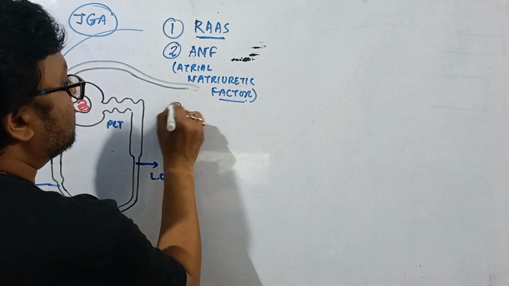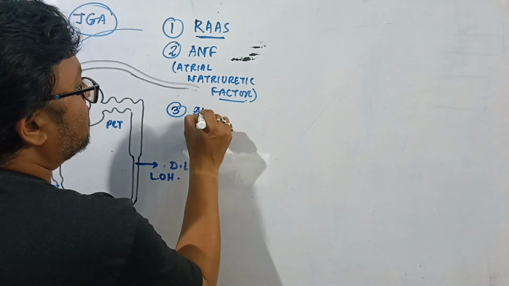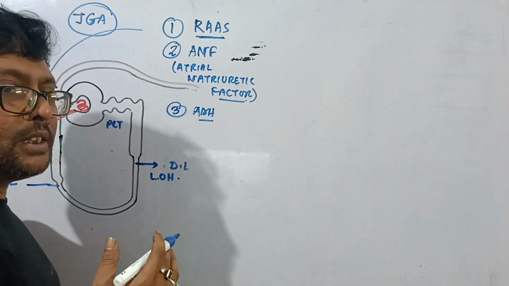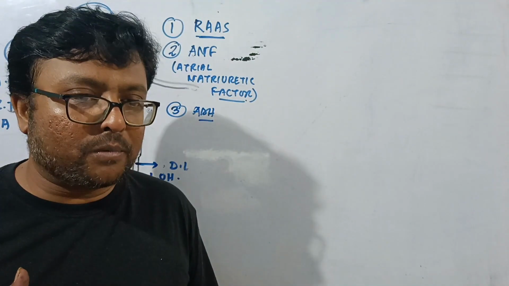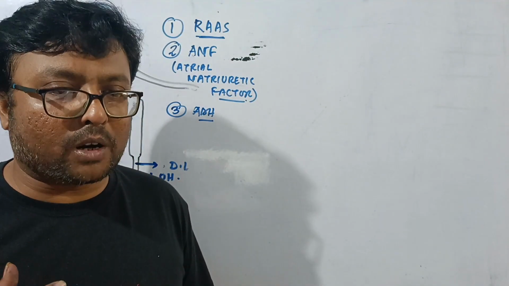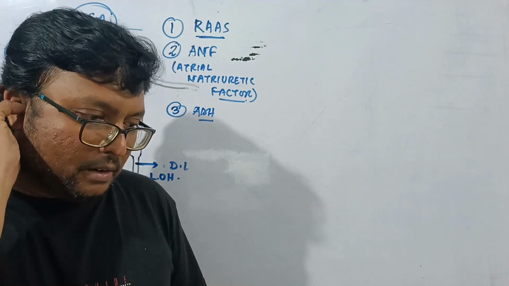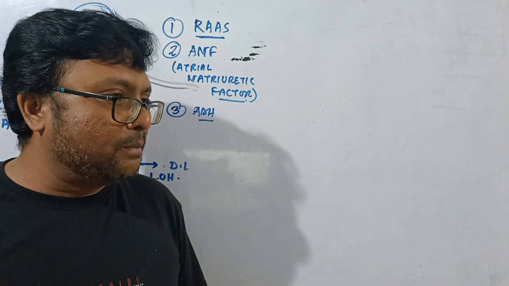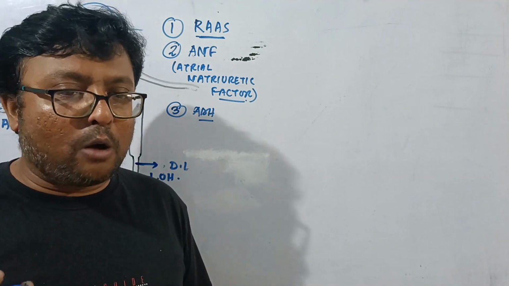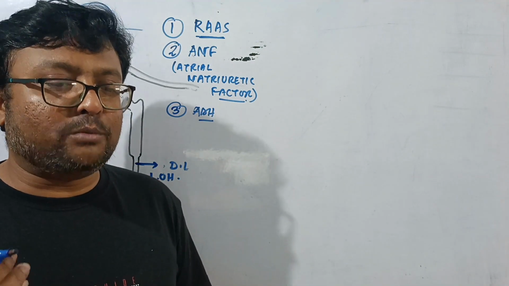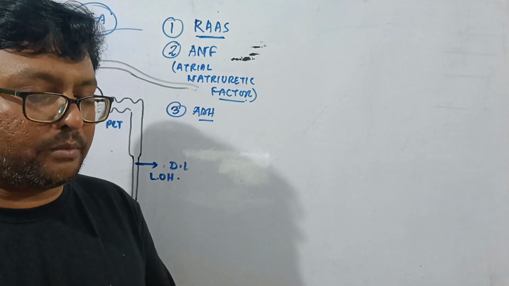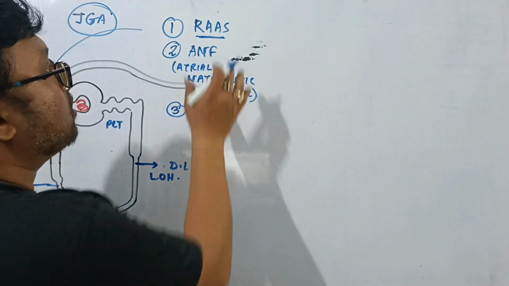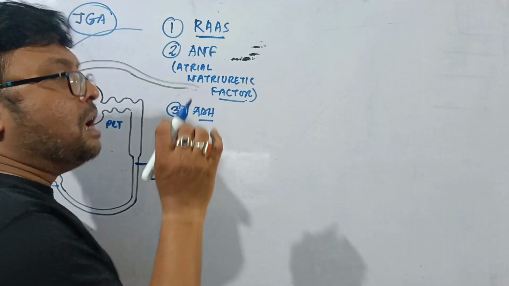And the third one is ADH. Now we have already discussed how ADH or antidiuretic hormone helps in reabsorption of water, and by reabsorbing excess water, or simply by facultative reabsorption, how it helps in regulating kidney function, we'll obviously discuss that. So let's discuss this RAS.